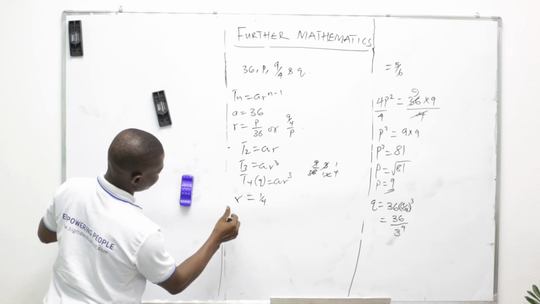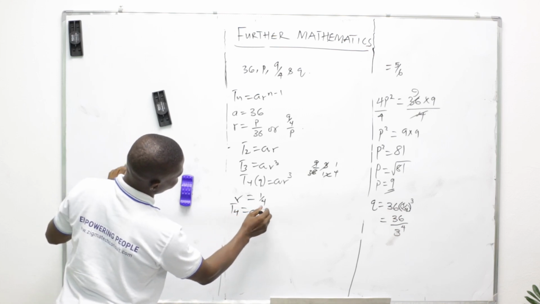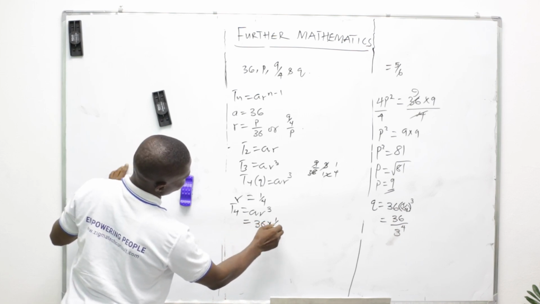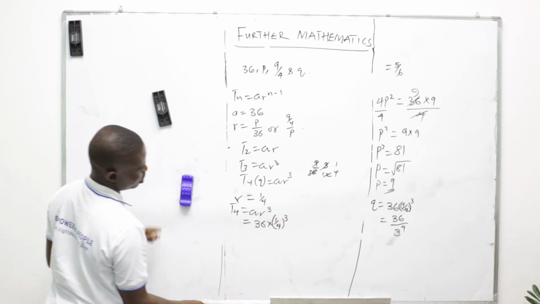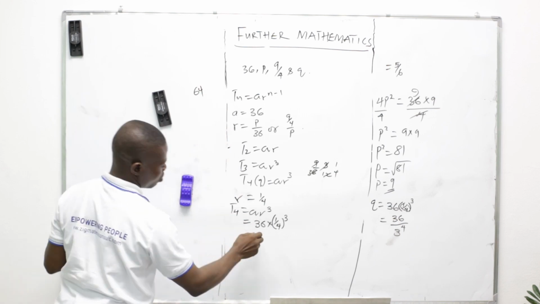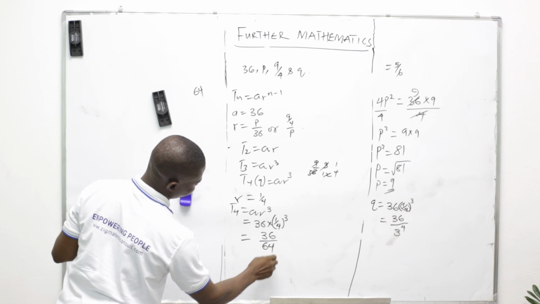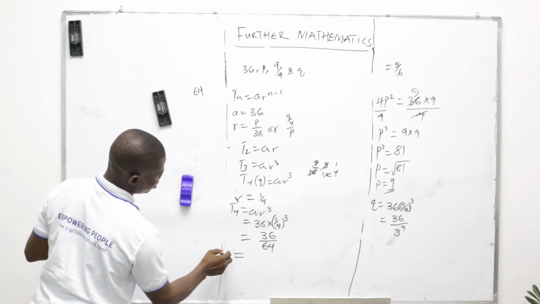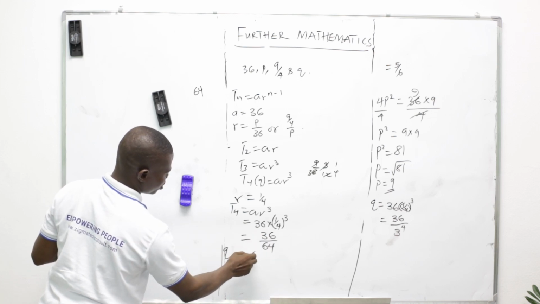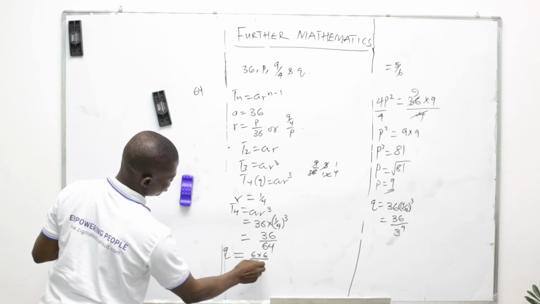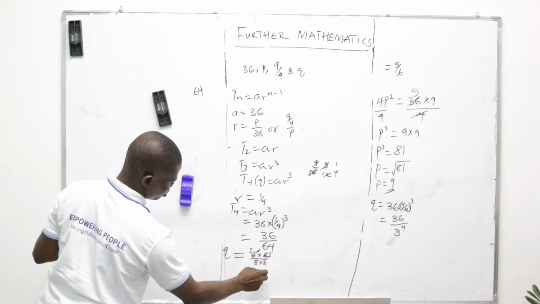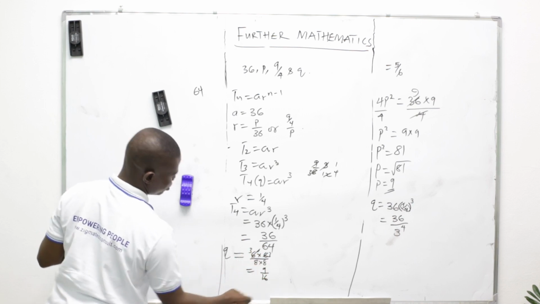So that T4 equals AR cubed, 36 times 1 over 4 raised to the power 3. 4 cubed is 64. 36 all over 64, that is Q equals 6 times 6 all over 8 times 8, which gives 9 over 16.